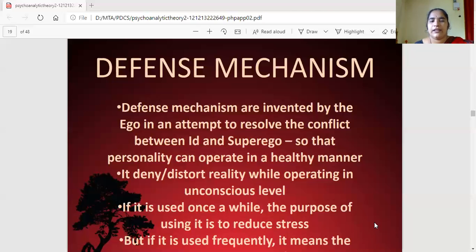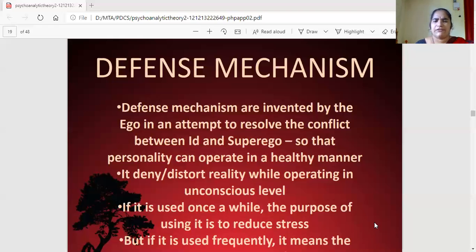On the other hand, ego, as Sigmund Freud says, is the balance between the two extremes, that is the demon and the angel, or the id and the superego. That is, it is trying to find a way to resolve the conflict between the pleasure seeking part of the brain and the ethical part of the brain.